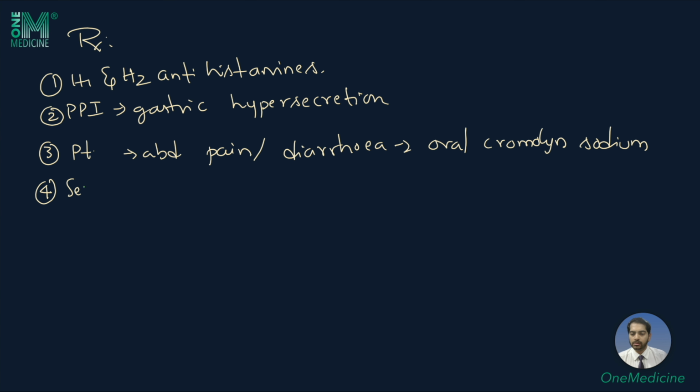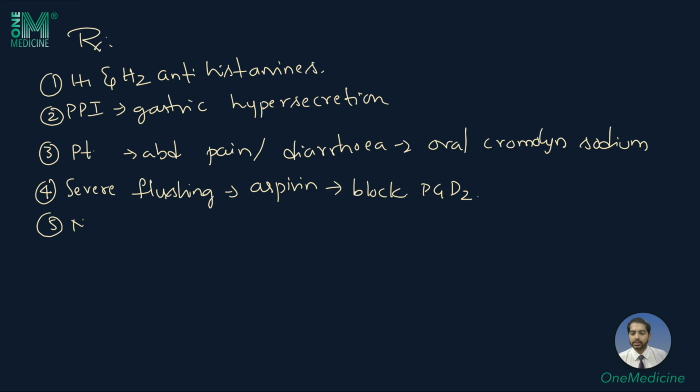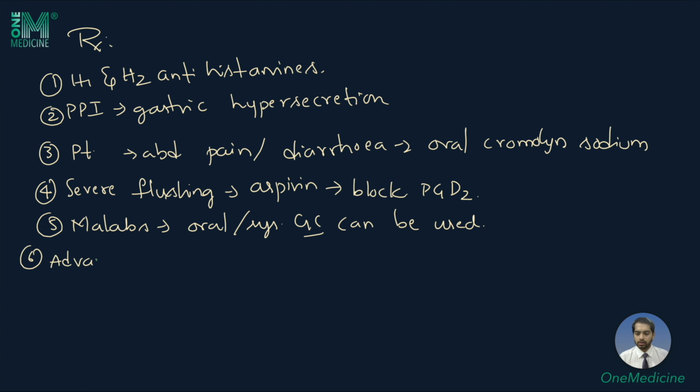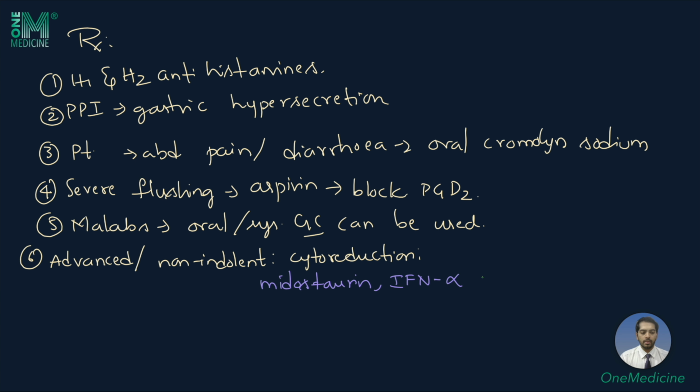In patients with severe flushing, oral aspirin can be used to block prostaglandin D2. In patients with malabsorption, oral or systemic glucocorticoids can be used. Patients with advanced or non-indolent diseases can undergo cytoreduction therapy, which is given by midostaurin, interferon alpha, or cladribine.